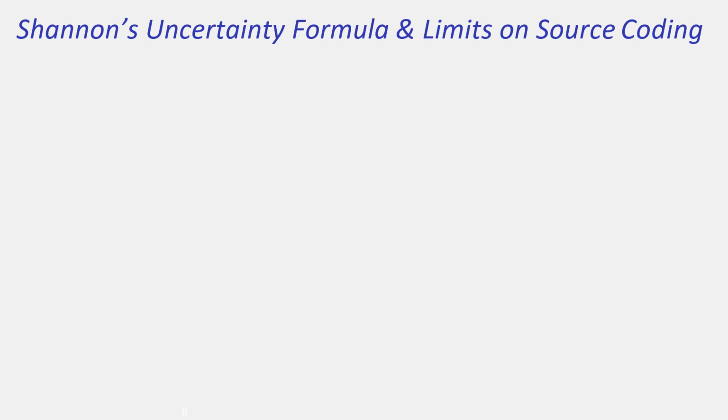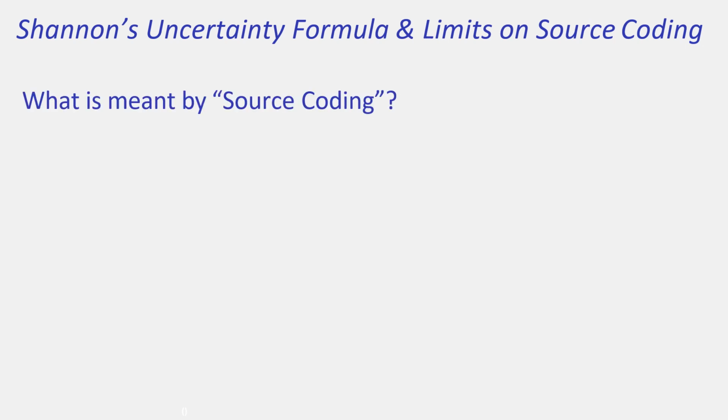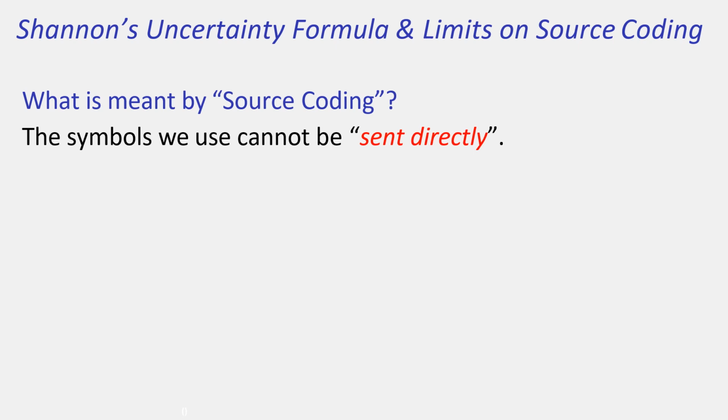A major contribution in Shannon's work is what is called the uncertainty formula and how that leads to limits on a problem called source coding. So what's source coding? As I mentioned earlier, we cannot send symbols directly.